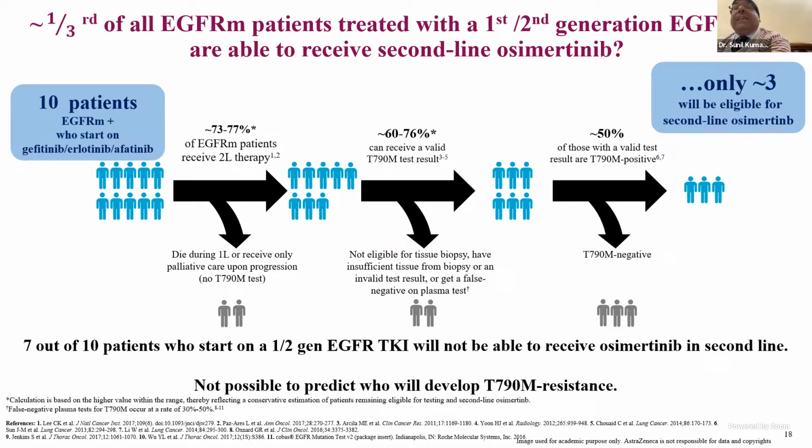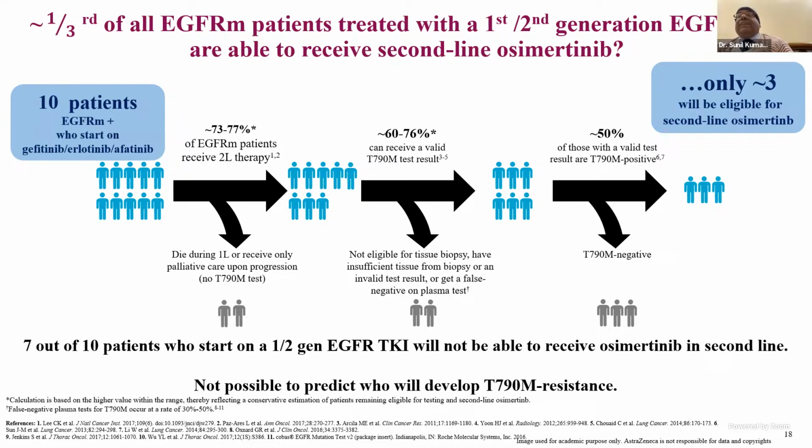And in due course of time, you can say that 73 to 77% of the patients received only second line. And why have they not received? Because they die during first line treatment or receive only palliative care upon progression, or no T790M mutation testing was done. Means out of 10, 2 patients have this problem.